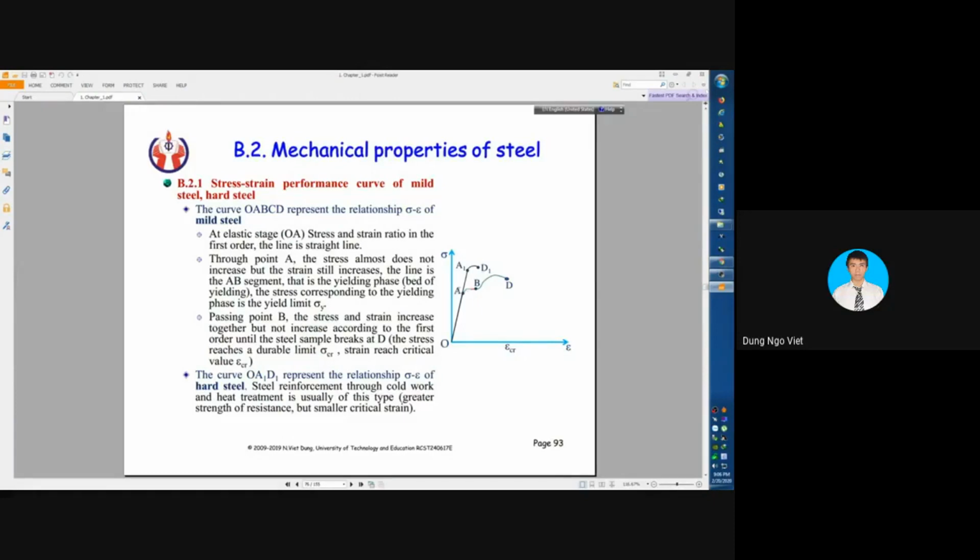Passing point B, the stress and strain increase together, but not according to the first order, so this part is non-linear.